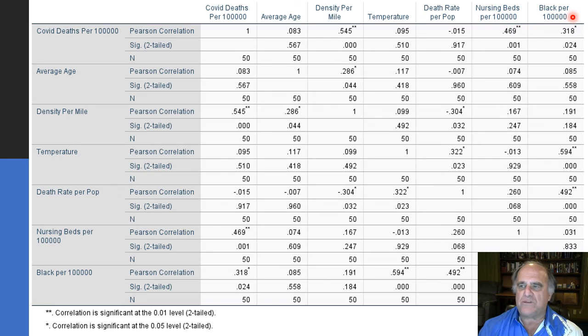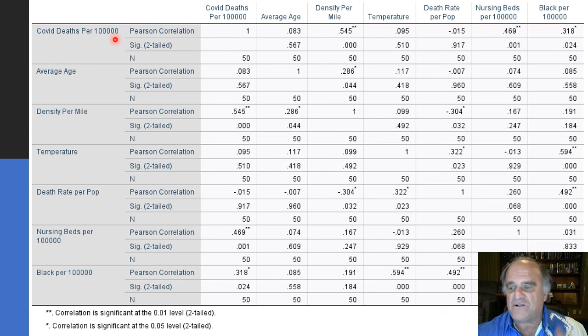One asterisk is 0.05. Two asterisks are 0.01. If we had three asterisks, it would be 0.001. And of course, the n size. But the n size is 50 for everything. We don't have any missing data.